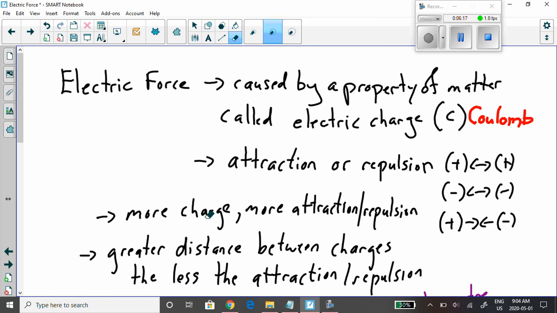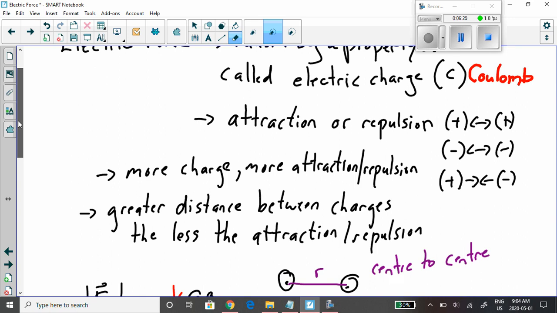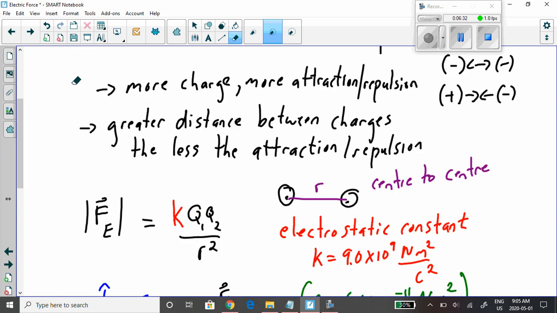If you have more charge, more coulombs of charge, well, you're going to have more attraction or repulsion depending on the case here. That kind of makes sense, I think. We can buy that. Next, the greater the distance between charges, the less the attraction or repulsion. Okay, yeah, if they get farther apart, the interaction won't be as strong. I can see that. All right, so that's similar to gravity. So we have some similarities, we have some differences.